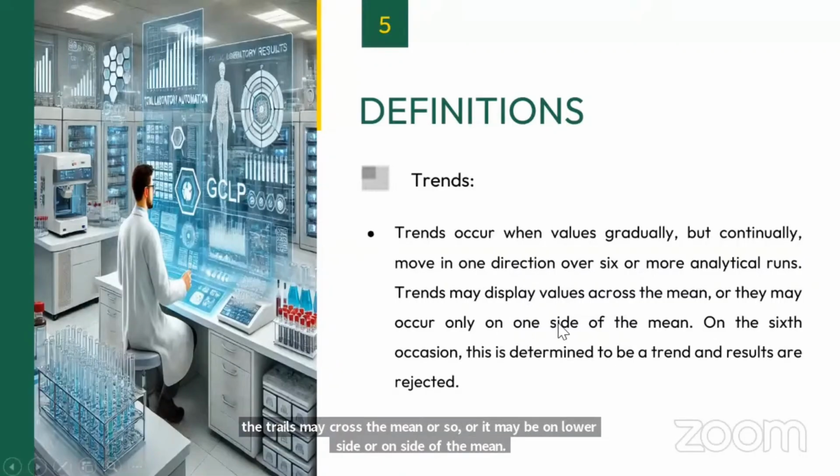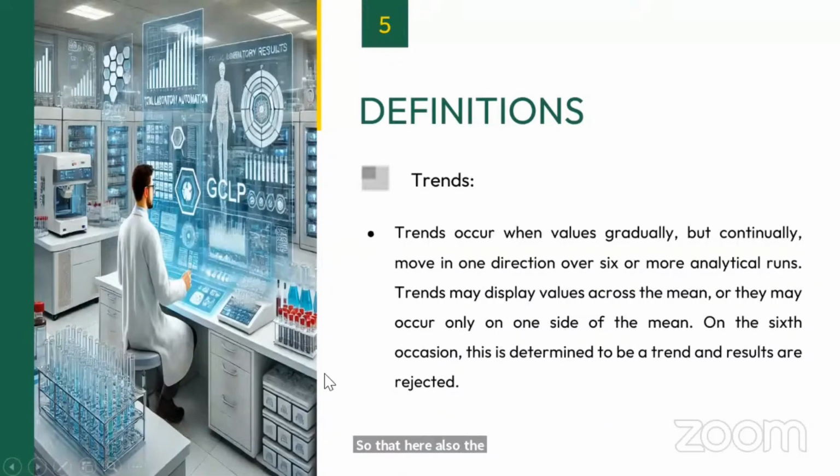Here also the sixth occasion determines the trend and the results are detected. So if you get such a trend in your quality control values, then if the sixth value falls again on the same side, or shows a particular trend on the higher side, lower side, or across the mean, then the result must be rejected.